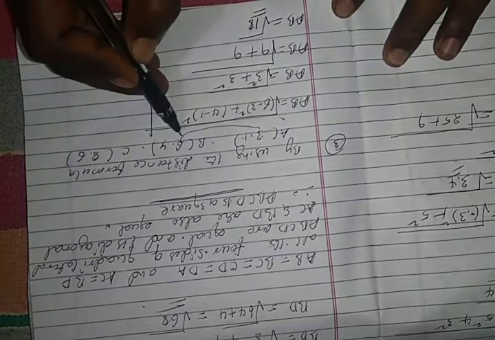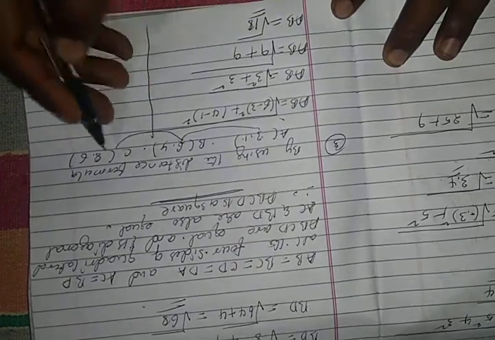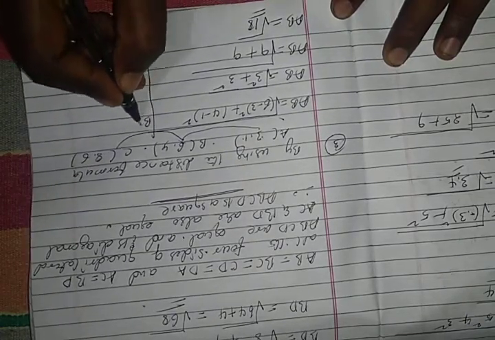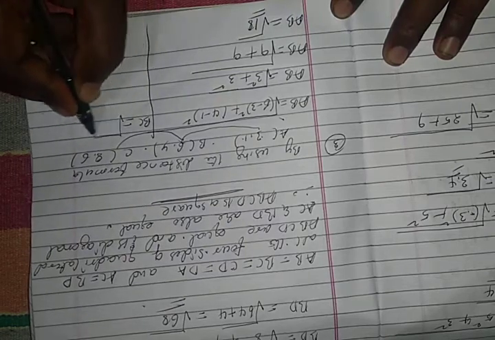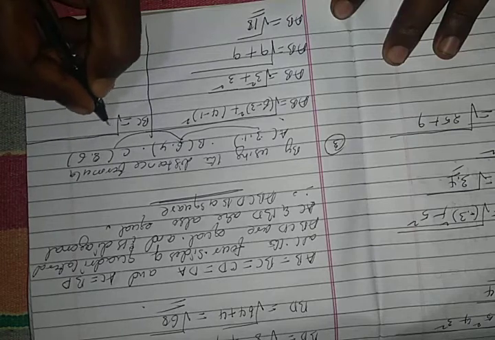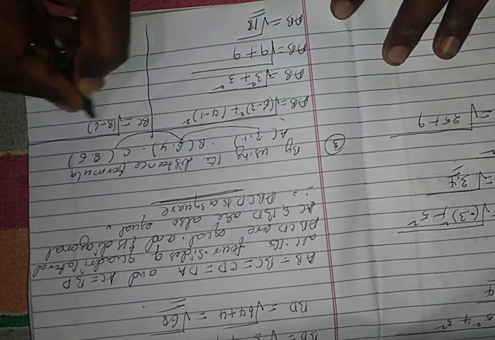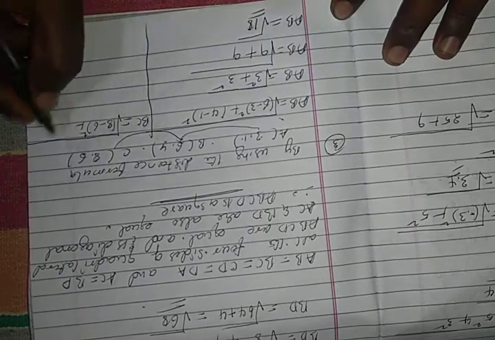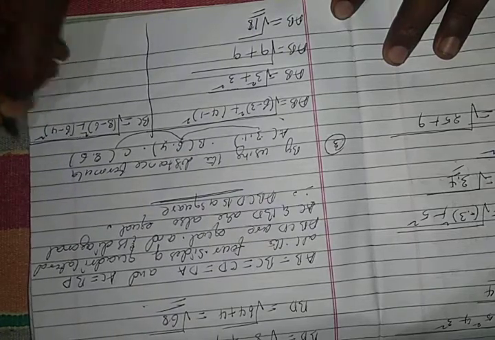Let us see the distance between B and C, that is BC. Again by using the distance formula, it is equal to (8 minus 6), x2 minus x1, whole square plus (6 minus 4) whole square.